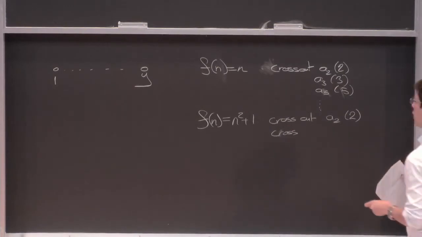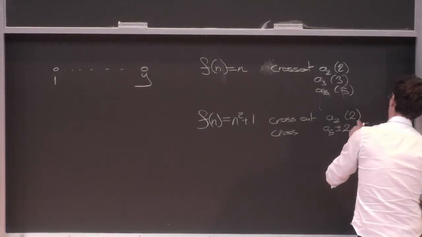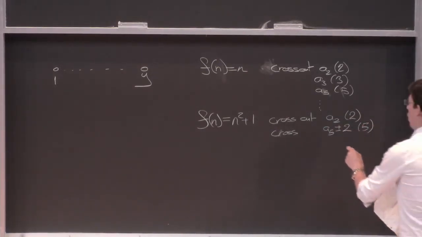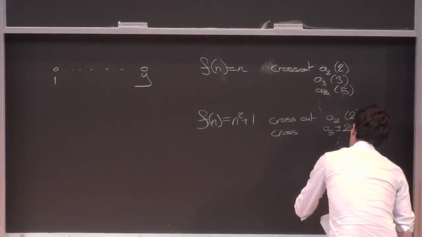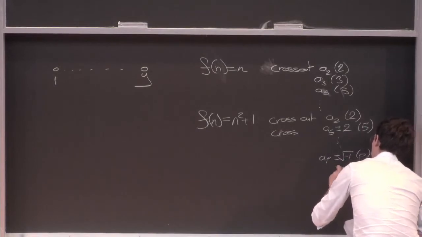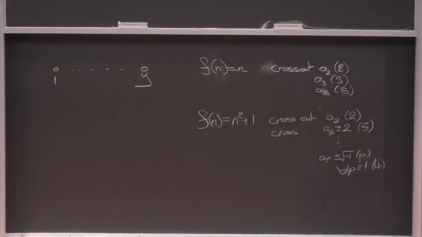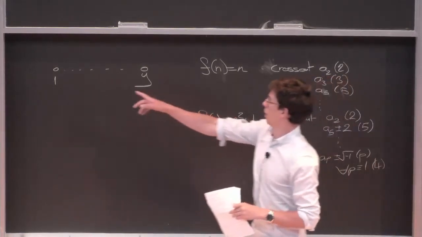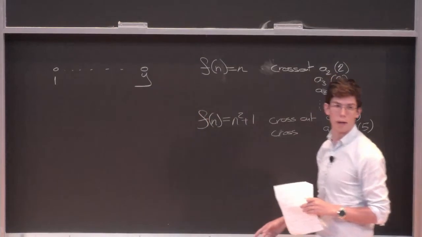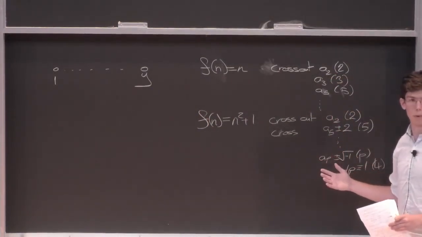But then modulo 5, you cross out a_5 plus or minus 2 mod 5, and in general you're crossing out a_p plus or minus the square root of minus 1 modulo p for all primes which are 1 mod 4. And the game is exactly the same. You can choose your a_p completely freely, and you want to cross out all the integers between 1 and y as quickly as possible.